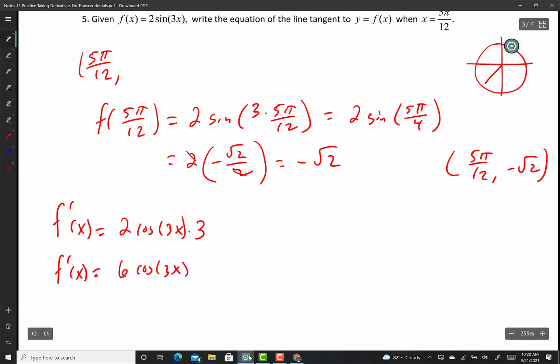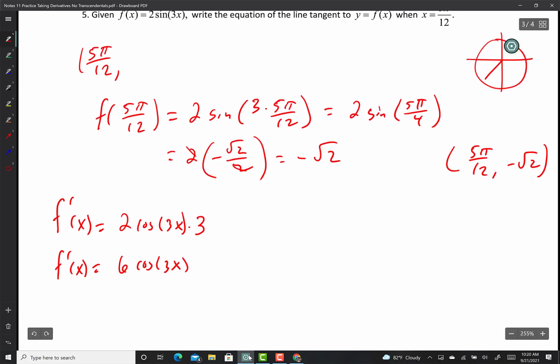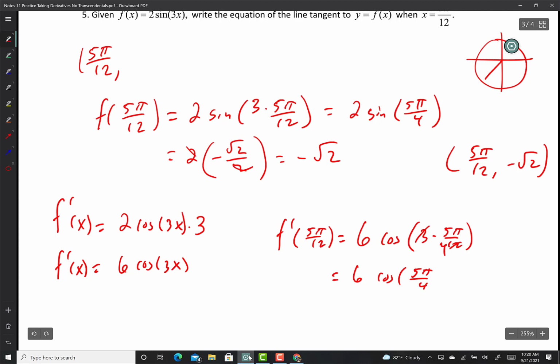Now we're going to find what our slope is. So I'm going to write f prime of 5 pi over 12. Let me let you guys catch up. 6 cosine 3 times 5 pi over 12. The same deal happens again, so you have 6 cosine 5 pi over 4.